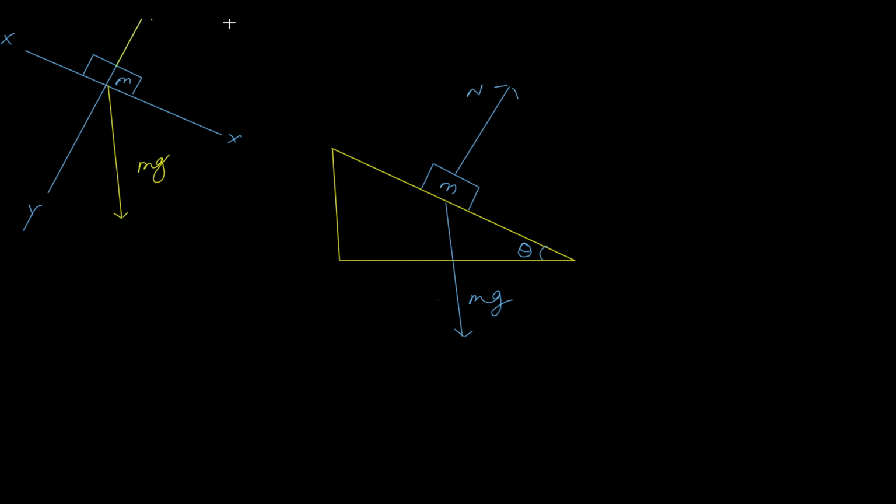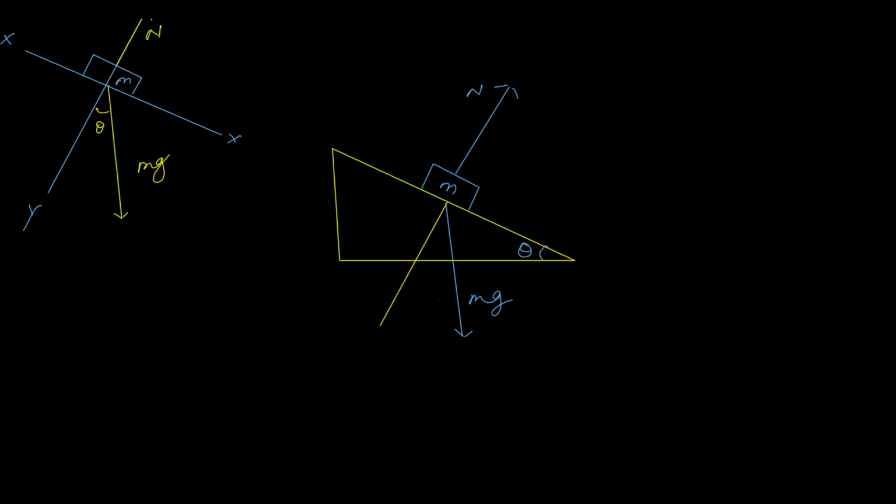So this out here will be your normal force. And from the previous example we know the angle it will be making with this y-axis will be theta, and we have done it. So let's resolve the component.